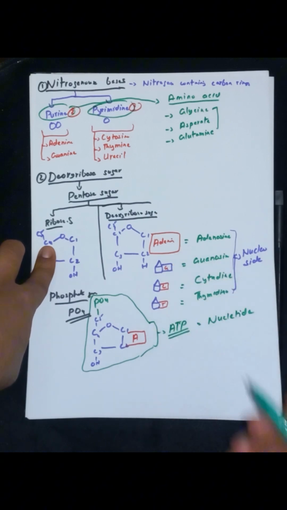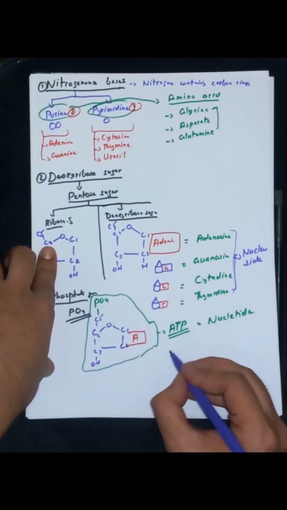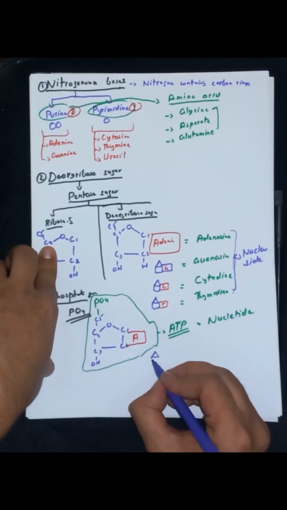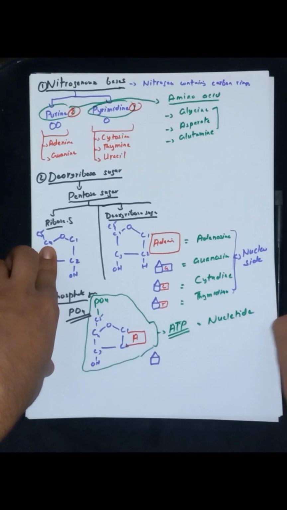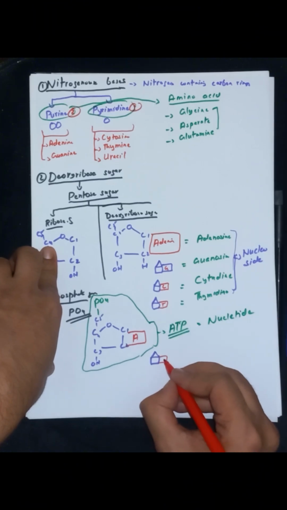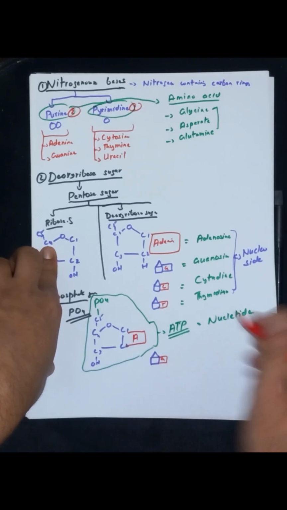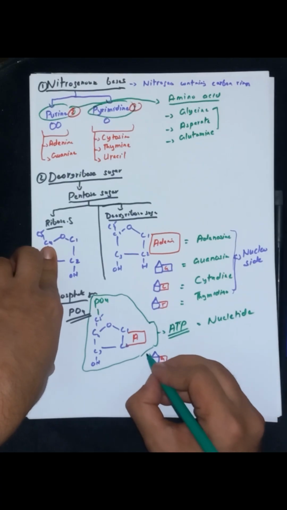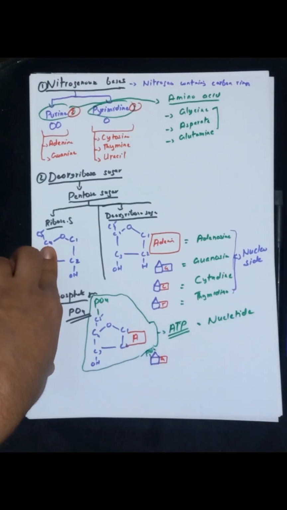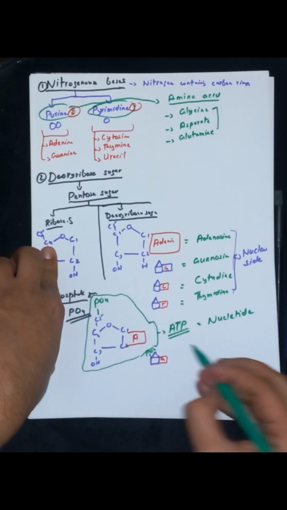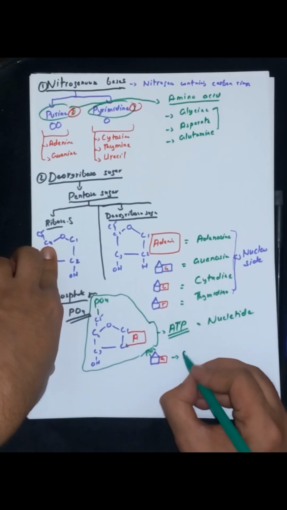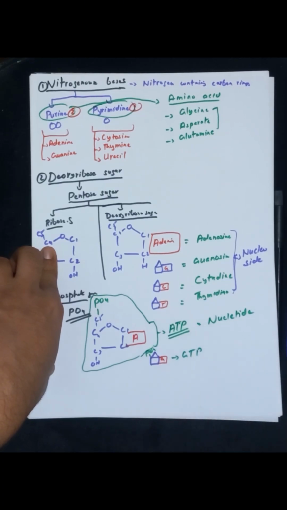So what will happen to the others? If the others have this deoxyribose sugar, here is guanine, and here is phosphate, then what will happen? GTP is formed.